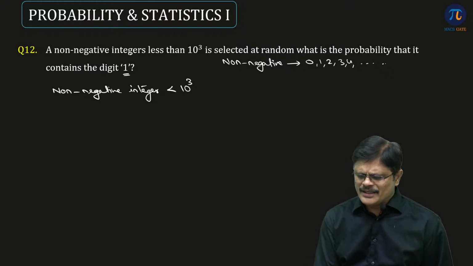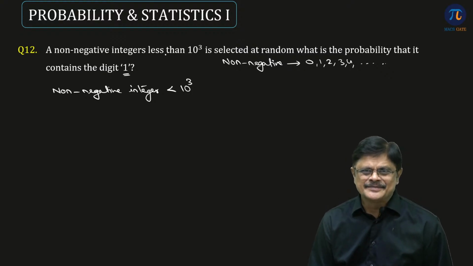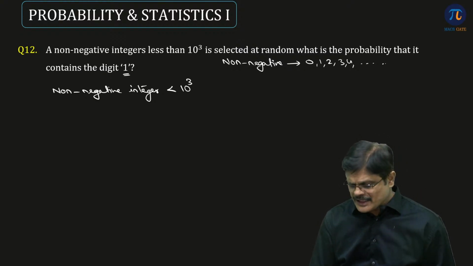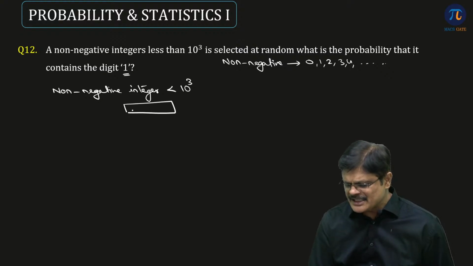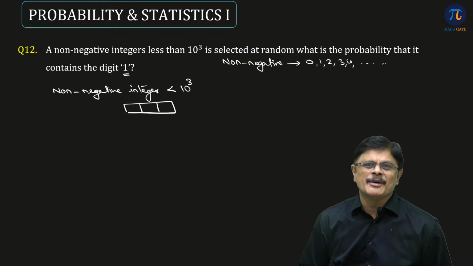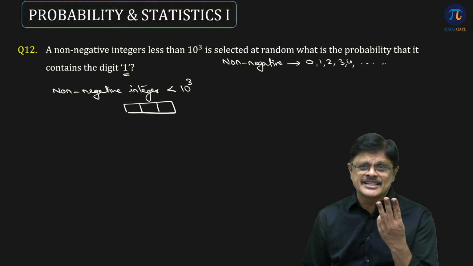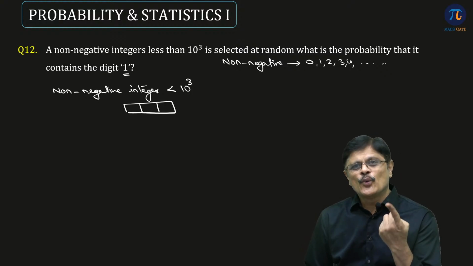If you want a non-negative integer less than 10 power 3, note that 10 power 3 is a 4-digit number. Less than 10 power 3 means it is a maximum 3-digit number. So you want 3-digit numbers, 2-digit numbers, and 1-digit numbers.